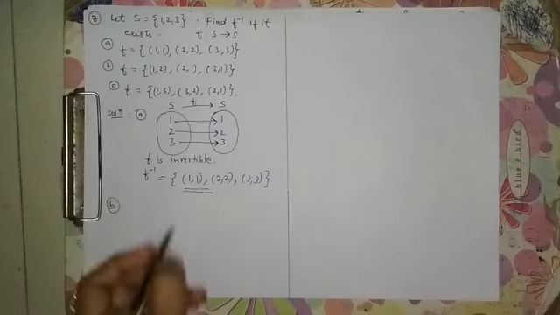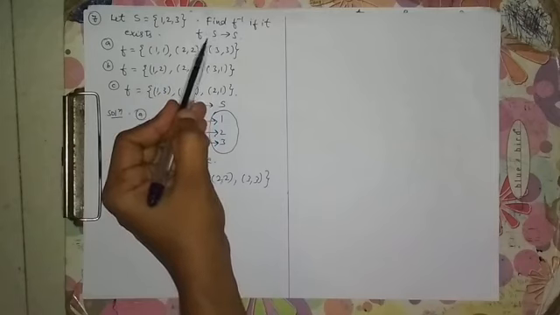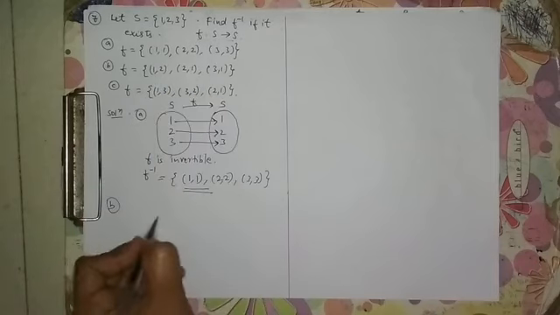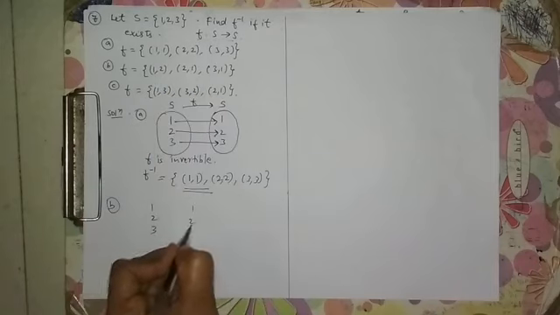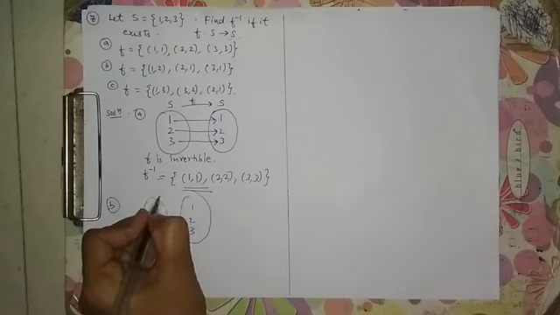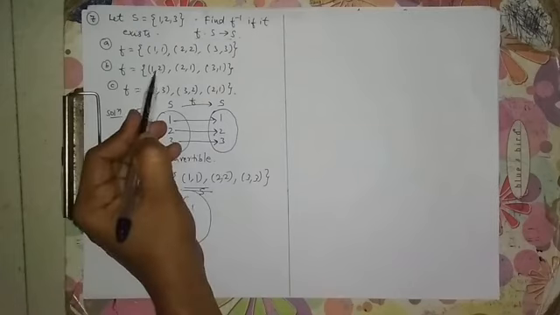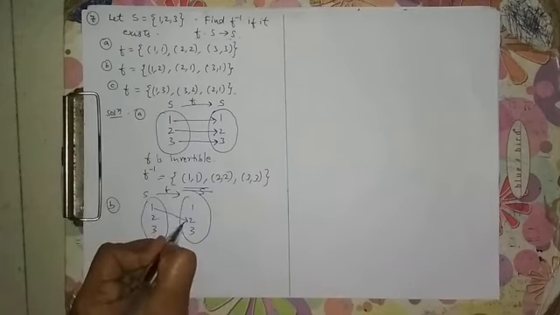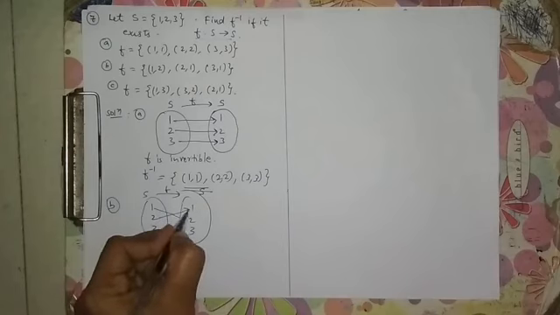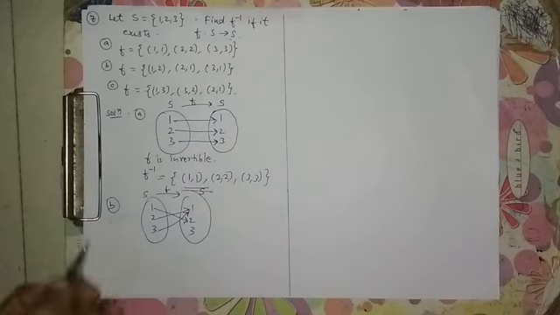Second question, you are having the same function, S to S, with 1, 2, 3 on both sides. How is the mapping? 1 goes to 2, 2 goes to 1, and 3 goes to 1.